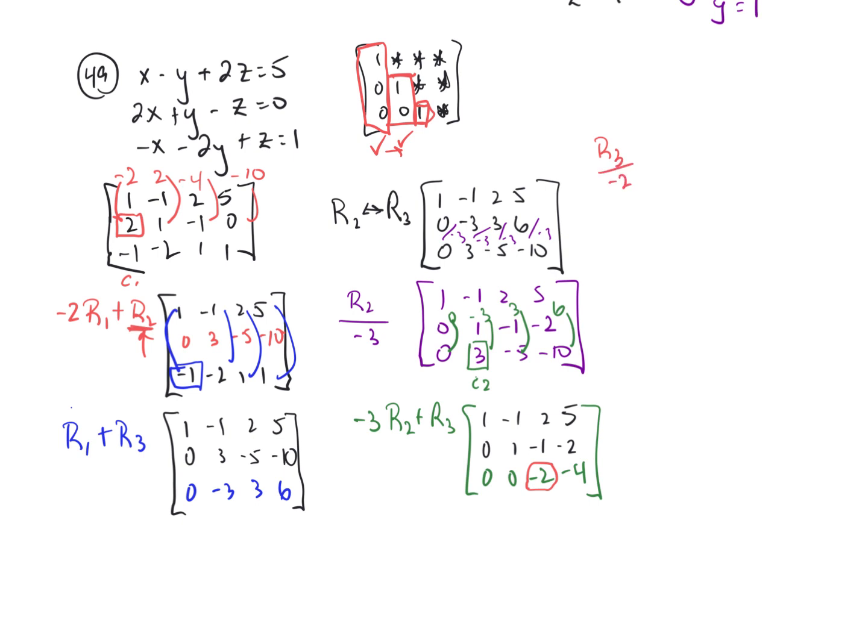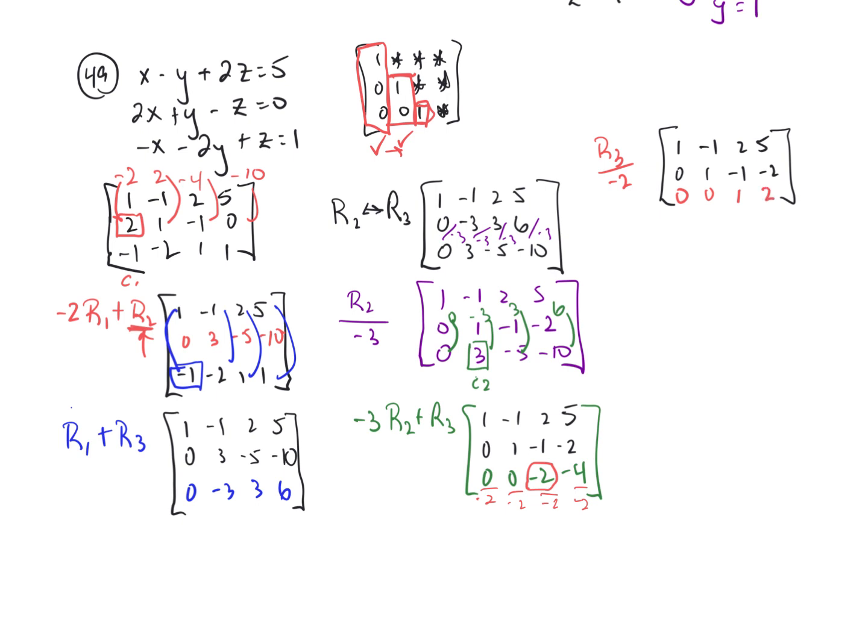Which means first row didn't change. 1, -1, 2, 5. 0, 1, -1, -2. And then when I divide row 3 by -2, 0 divided by -2 is 0. 0 divided by -2 is 0. -2 divided by -2, yay, is 1. And -4 divided by -2 is +2.